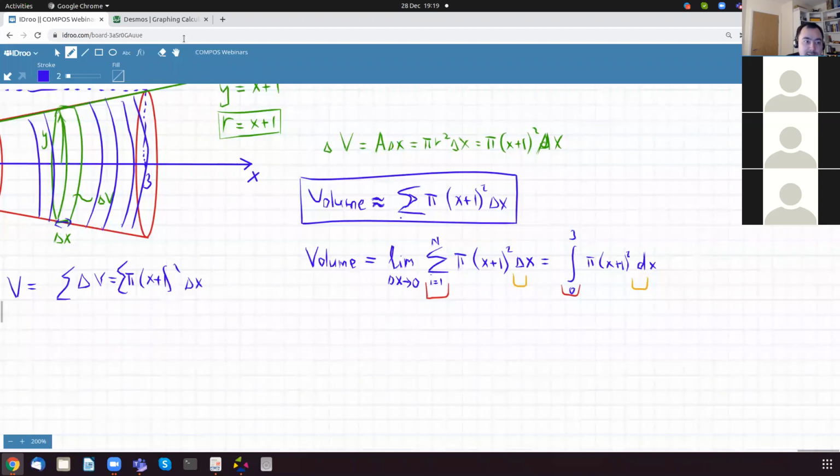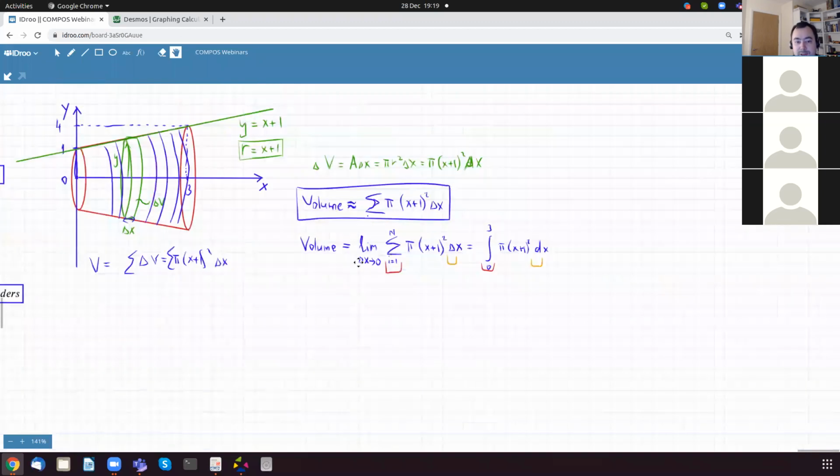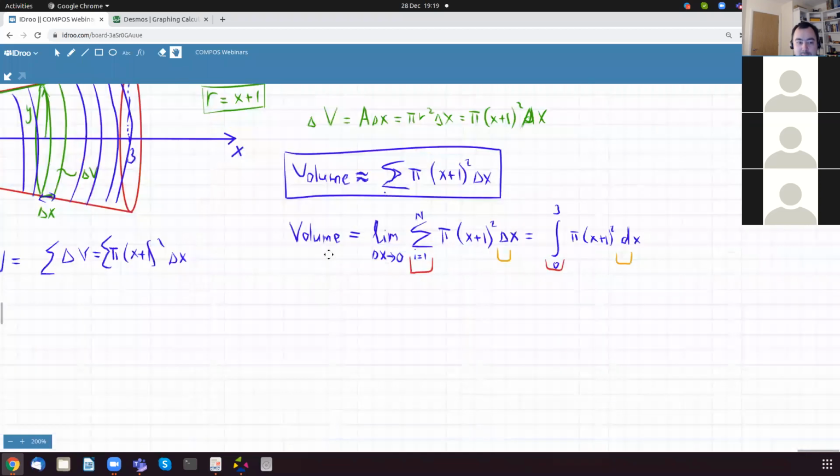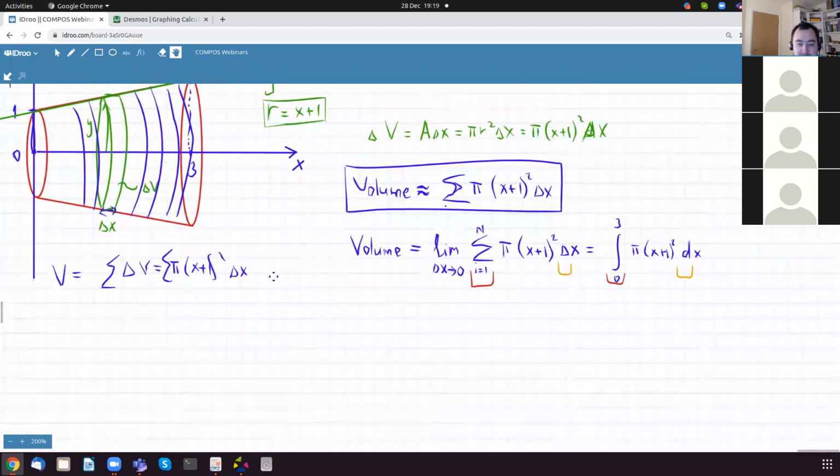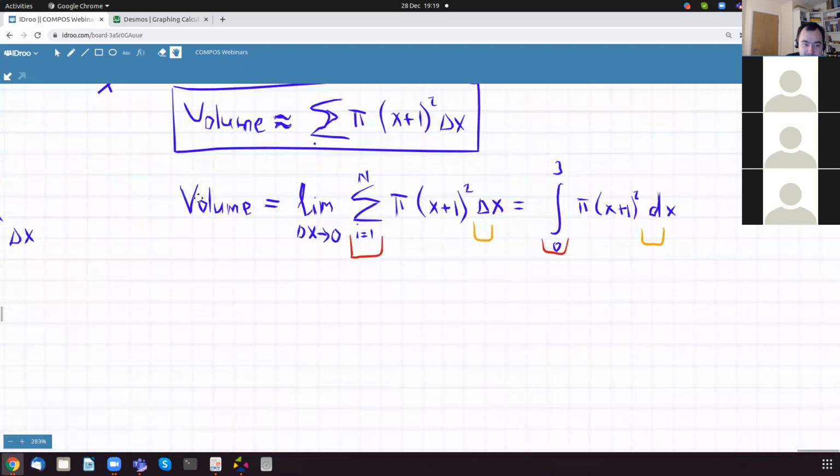And this integral is doable. So what happened here is as delta x tends to 0, delta x becomes dx, because dx is an infinitely small value. And yeah, we replace the sum for the integral sign, and that's how Riemann sums work.